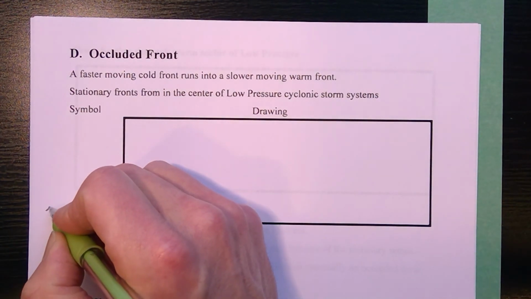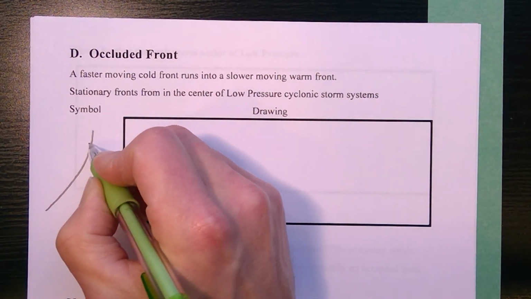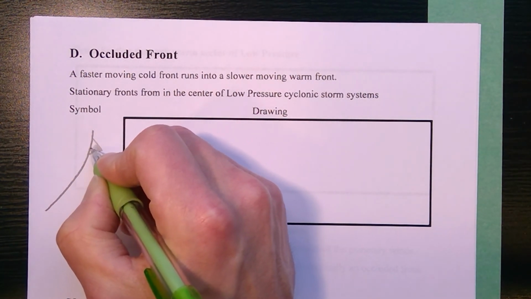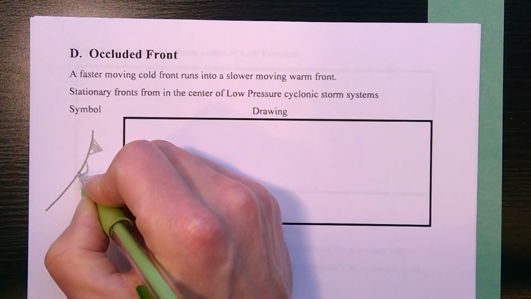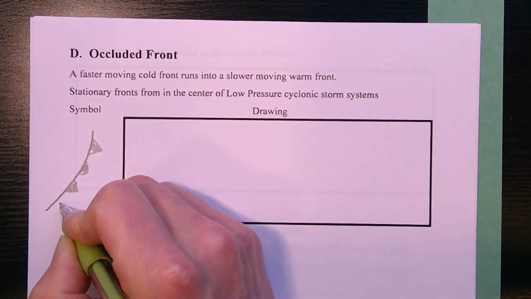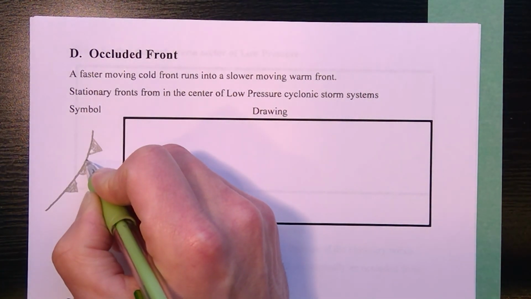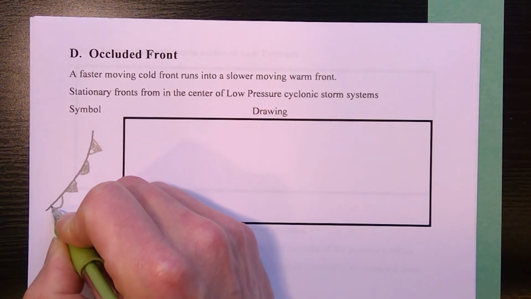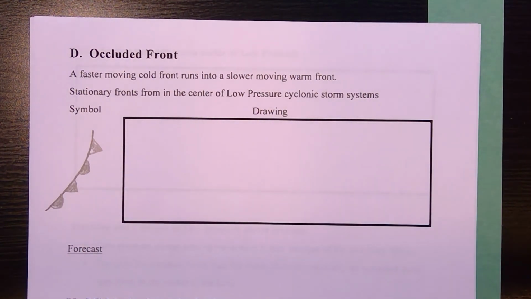When you look at it, the symbol for an occluded front has the cold front and the warm front symbols on both sides of the frontal boundary. So I've got cold front and warm front.